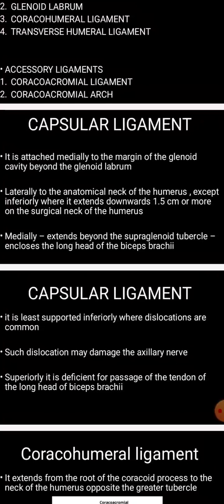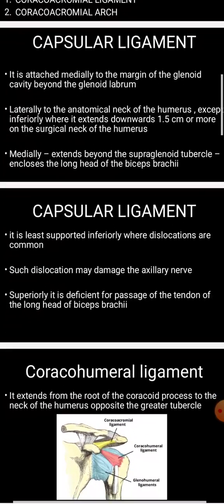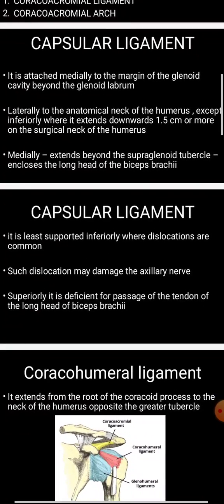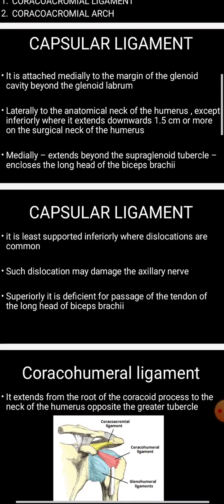Now, coming to the capsular ligament continuation here, it is the least supported inferiorly, where dislocations are very common. Please remember, the capsular ligament covers and provides support to the shoulder joint, but it is least supported inferiorly, and because of this, dislocations of the shoulder joint are much more common in the inferior aspect, and they can damage the axillary nerve, which is related to the surgical neck of the humerus.